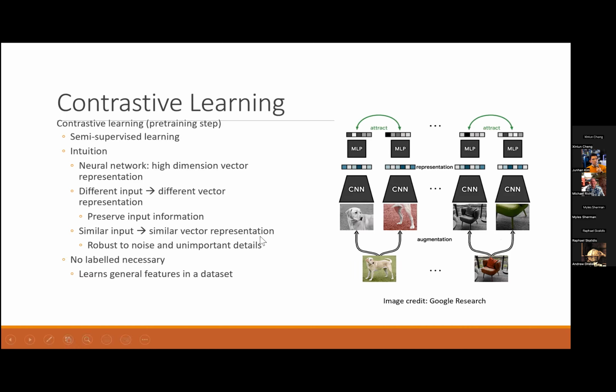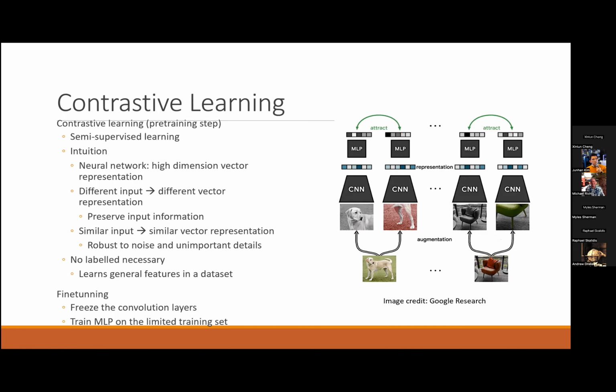So one very good thing about this contrastive learning is that through the entire training process, we don't tell the network what this or this actually is. So no labels are necessary. That means it could learn the general features within a dataset on its own.